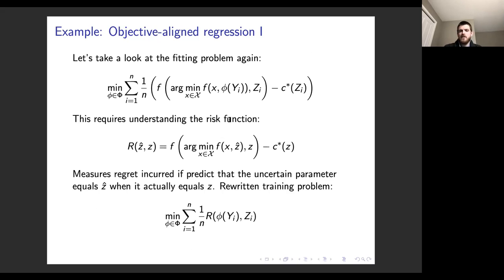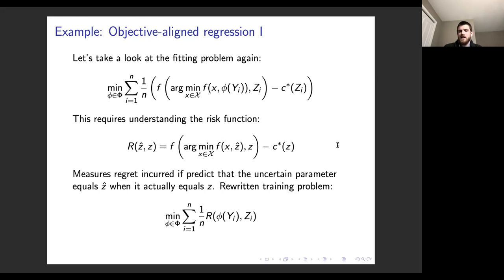So if we look at this fitting problem again, in order to optimize it, we really have to understand what's called the risk function. The risk function takes your prediction and the actual value, and it gives you the regret that you have if you use your prediction, z hat, when the actual value is z.